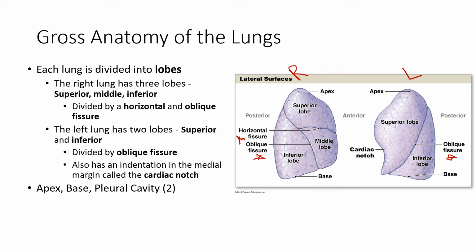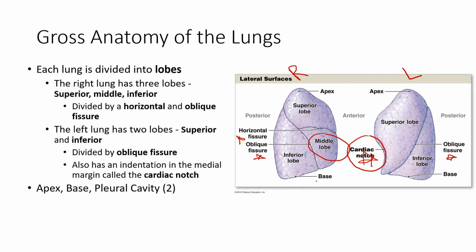The reason why we have this difference between our right and left lung is due to the cardiac notch. The cardiac notch is going to be where we have the heart. The heart is going to be placed right here, and that is why the left lung does not have a middle lobe.